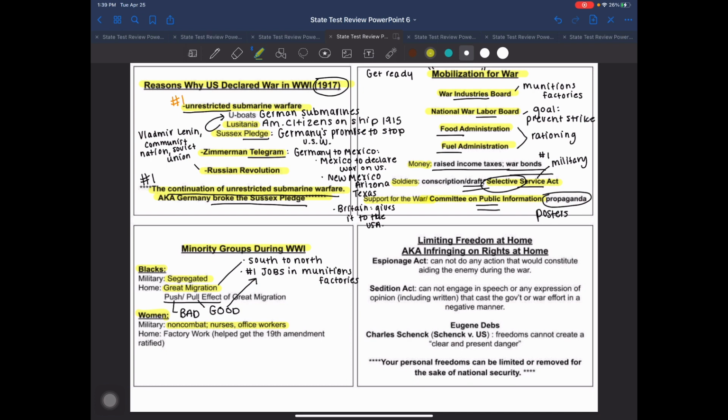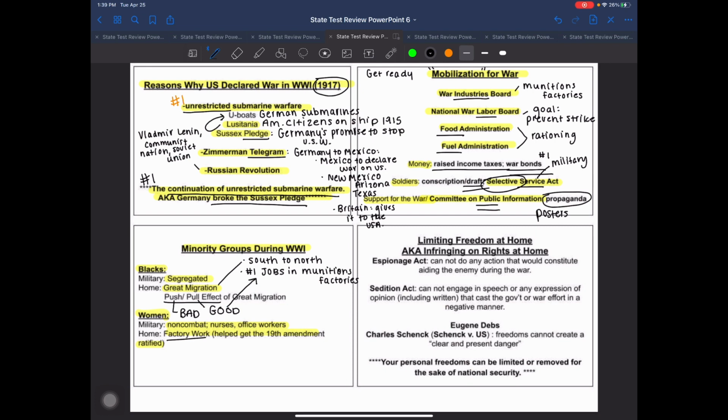At home, women are going to actually have to get out of their normal gender roles, which is at home, cooking, cleaning, raising the kids, things like that. Women are going to not necessarily be forced, but they are going to be asked to go into the factories, okay?